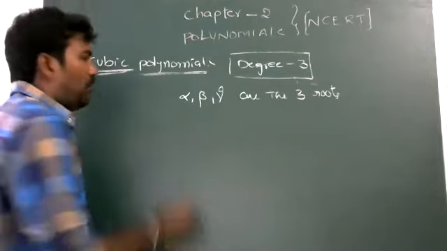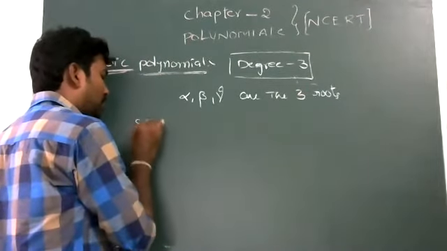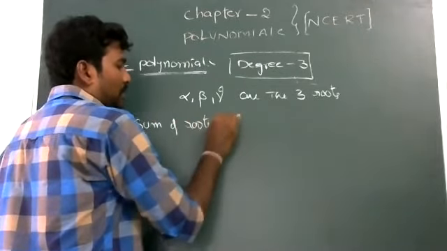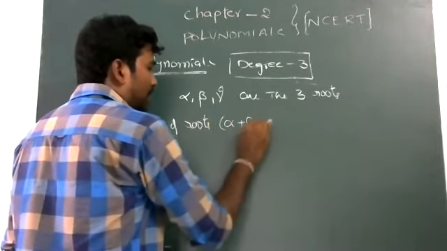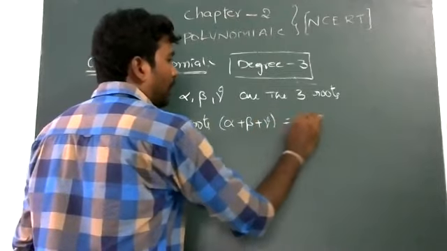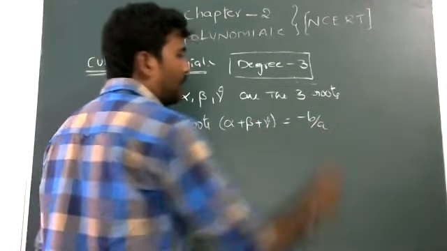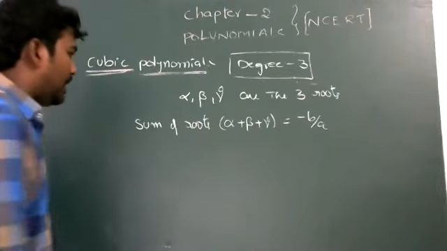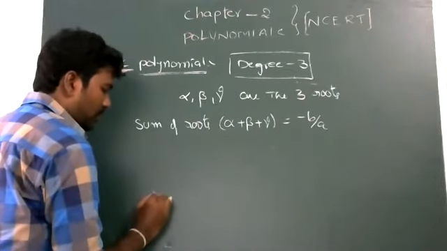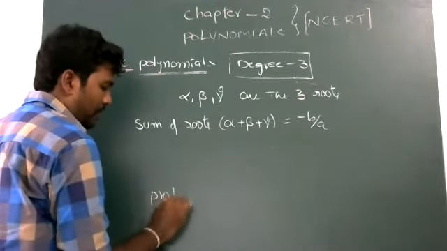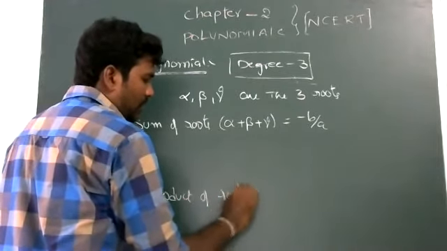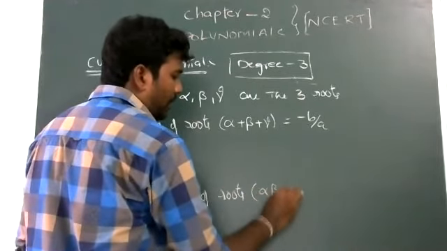Then what is the sum of roots of the cubic polynomial? Sum of roots or sum of zeros: alpha plus beta plus gamma equals minus b by a. And the product of roots equals alpha beta gamma.